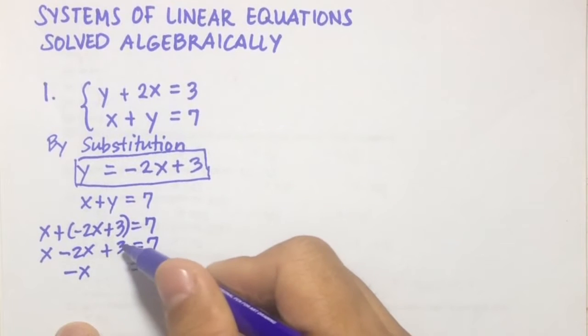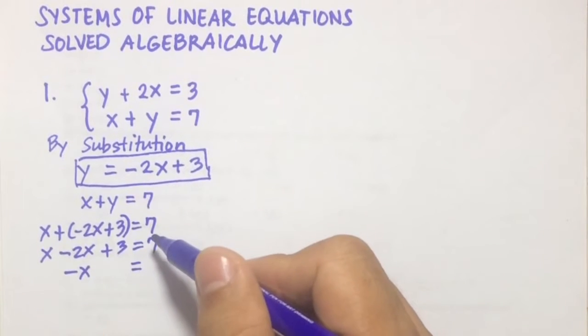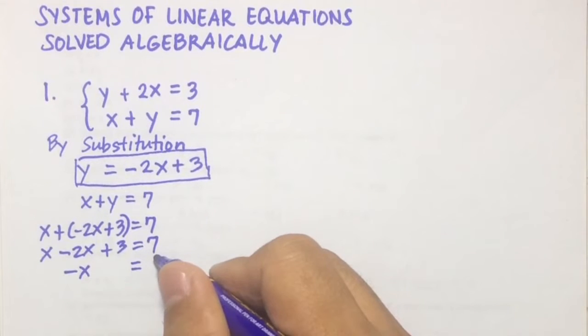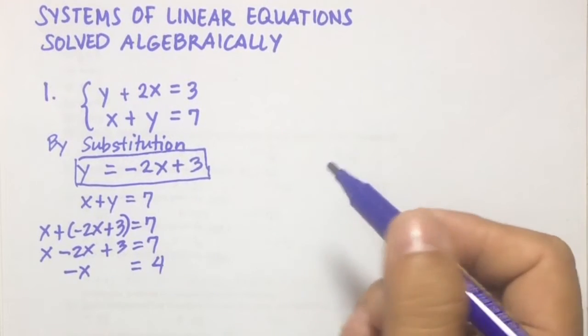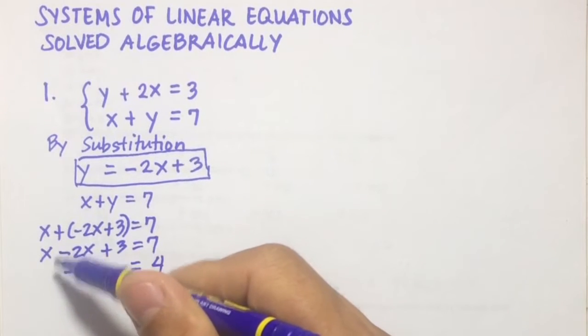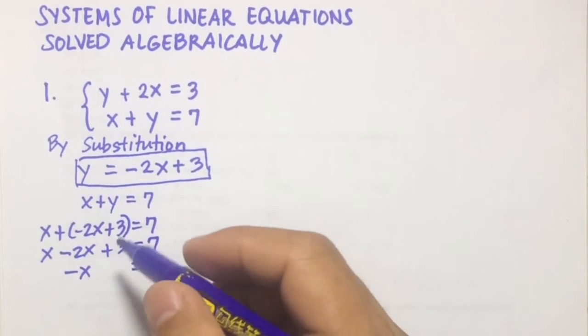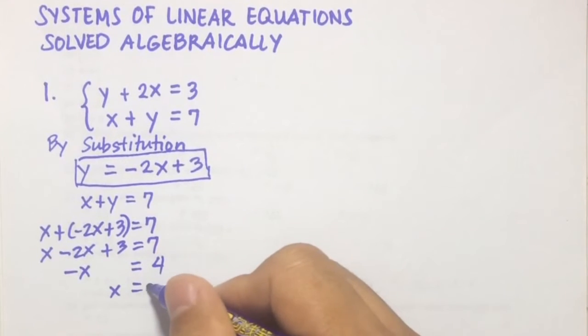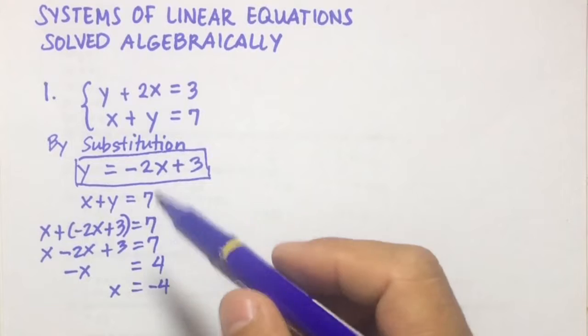Then we're going to transpose 3 to the right side, so this will become 7 minus 3, and that is equal to 4. Then this is negative x here, so to make this positive, we're going to multiply the equation by negative 1. So x here equals negative 4.